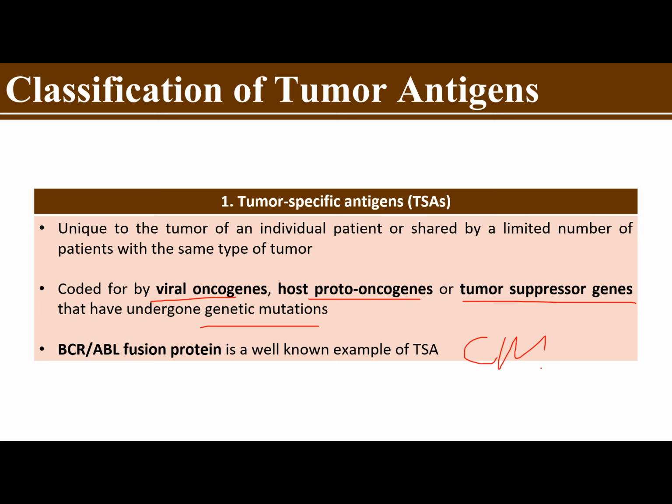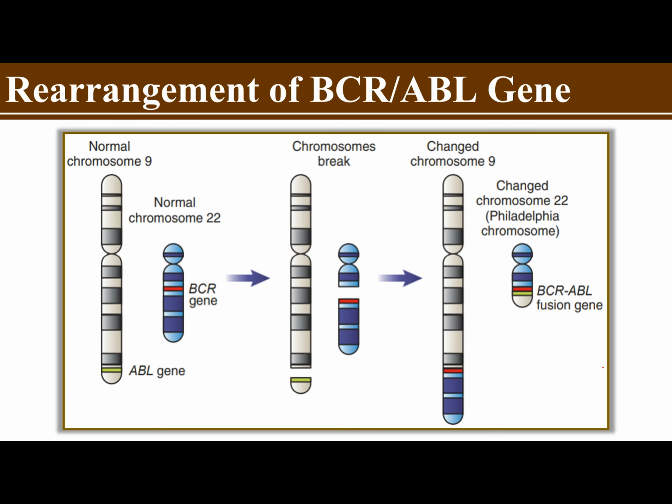If you're aware, yung CML. So it's found in your chronic myelogenous leukemia or your chronic myeloid leukemia. So in a BCR-ABL gene, there's what we call a so-called translocation.